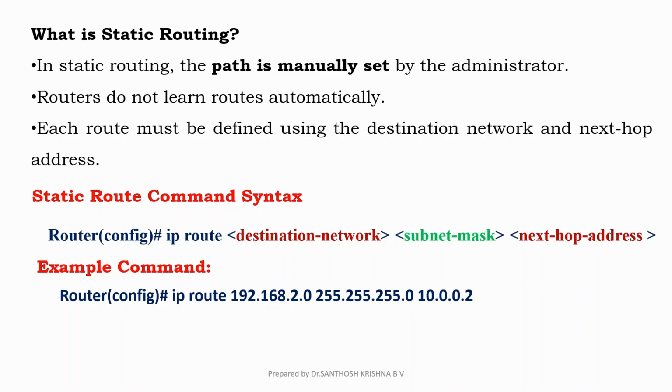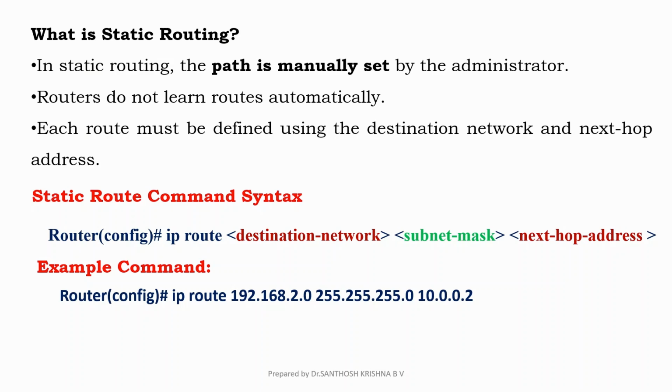It is a little bit complex process of giving routes manually, and the syntax for this static route command is ip route followed by the destination network, the subnet mask of the destination network, then the next hop address.